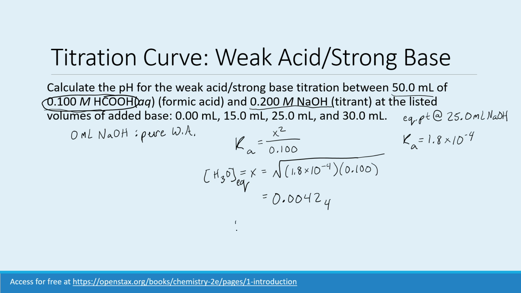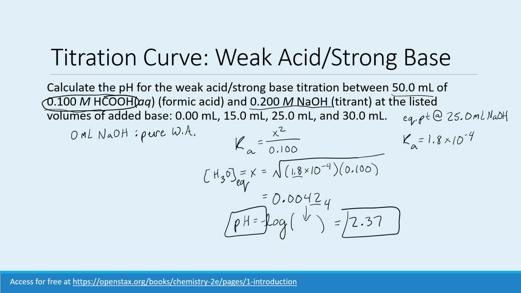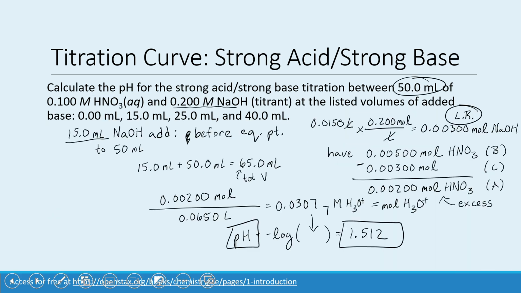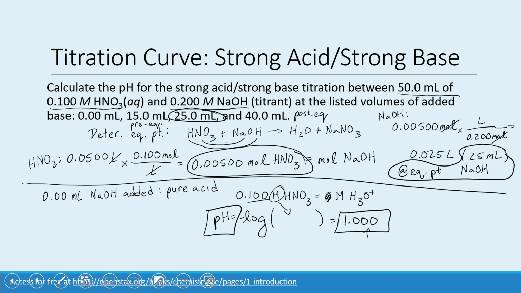And taking the pH, which equals the negative log of that concentration of the hydronium ions, and 2 significant figures, because that Ka is 2 significant figures, we get 2.37. Okay, so we can already see that that pH without any base is higher than the pH that we saw with the strong acid, right, which was a pH of 1.